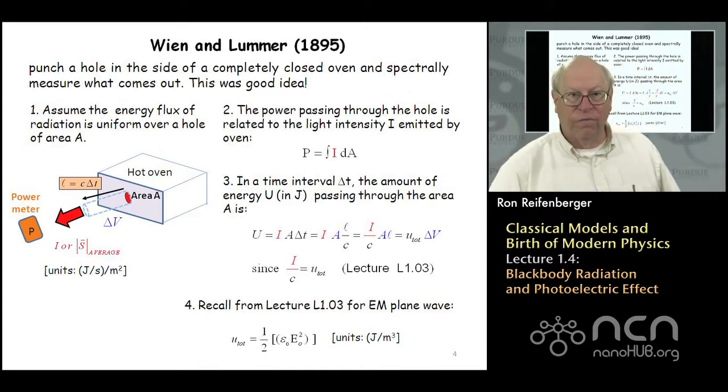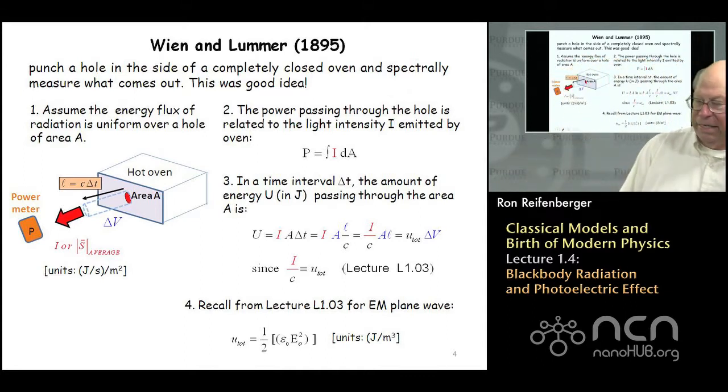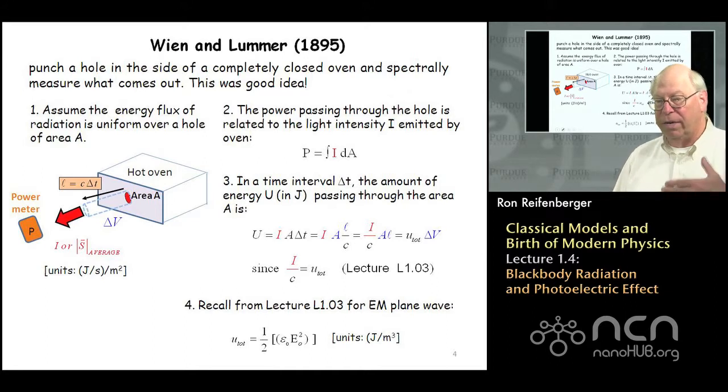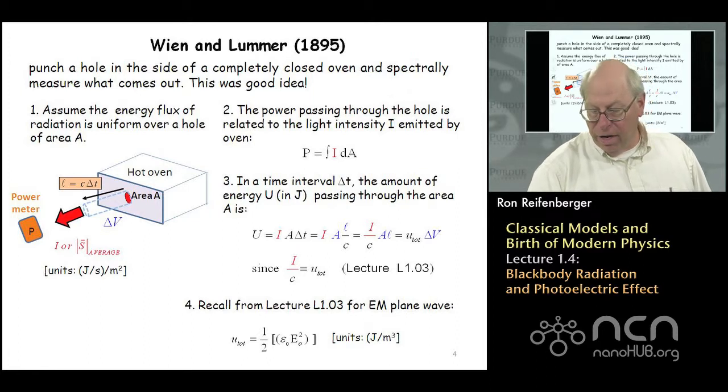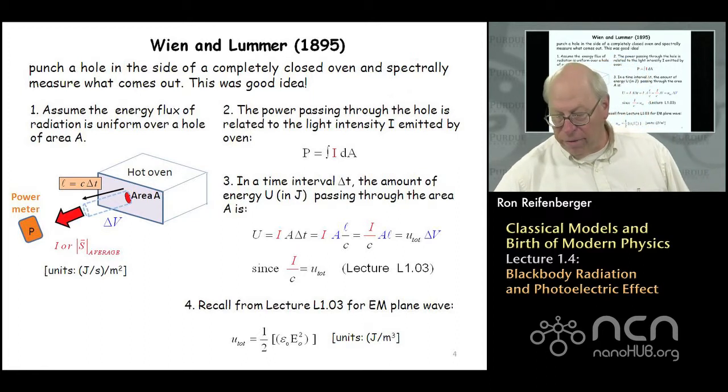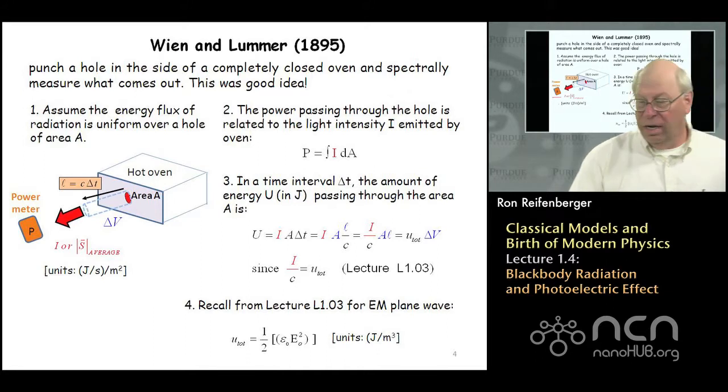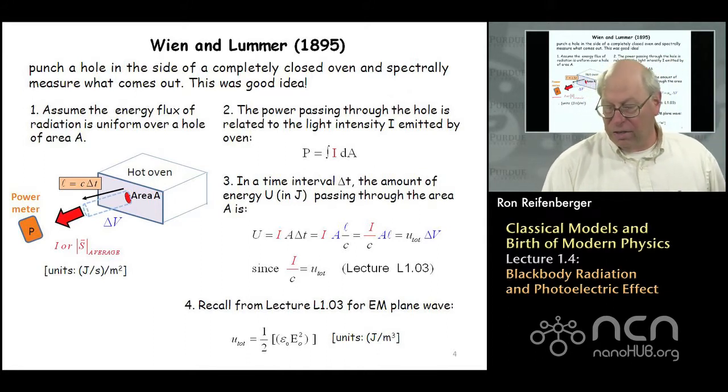The subject was advanced significantly in 1895 when Wien and Lummer actually measured the power as a function of wavelength that's emitted from the oven. So they did spectral measurements, and again, the measurements were very similar to what Stefan did. It's just that by 1895, they had good power meters that they could use to measure the intensity that's coming out of the oven as a function of wavelength.